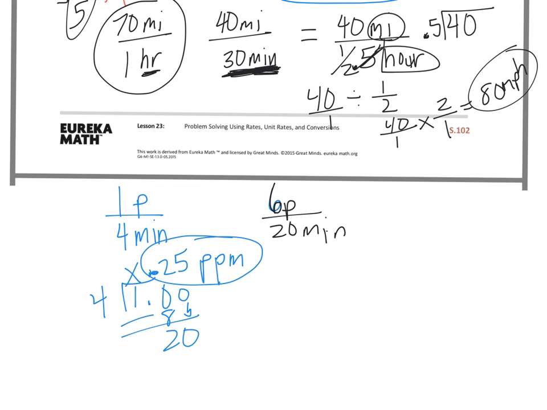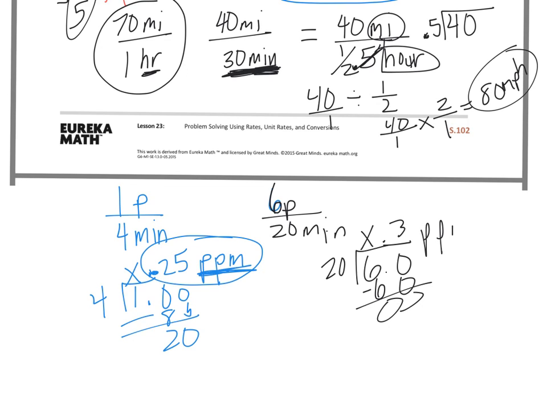And you'll definitely want to write out that unit. Again, I'm just doing this to save myself a little bit of time, but you should write out problems per minute. And then when I divide this one out, 6 divided by 20, I see that I'm going to get 3. So 3/10 problems per minute.